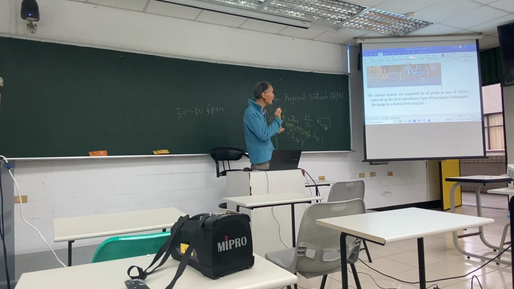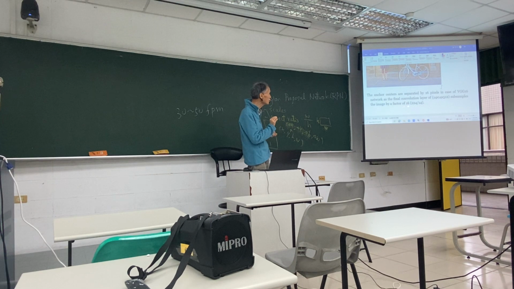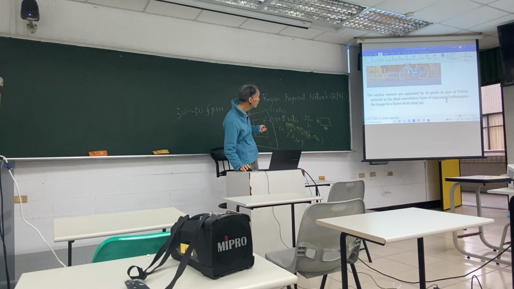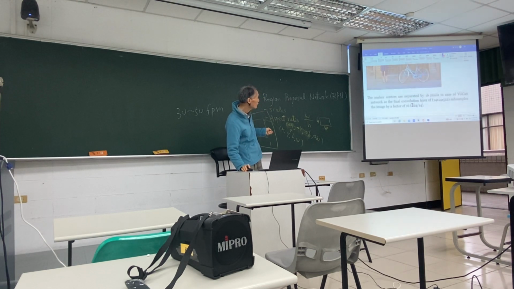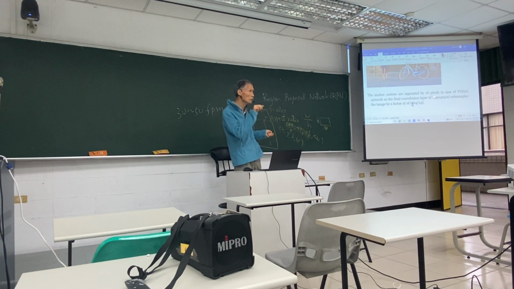So if we go back to the original size of 224, each anchor point is 16 pixels away from each other. In the final layer it is 14 by 14.